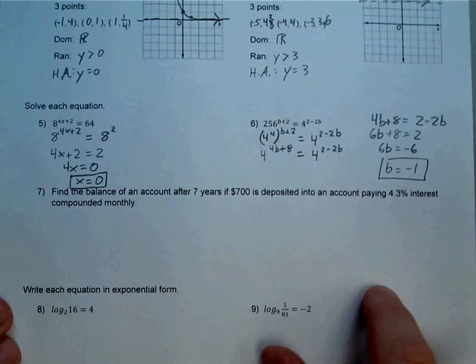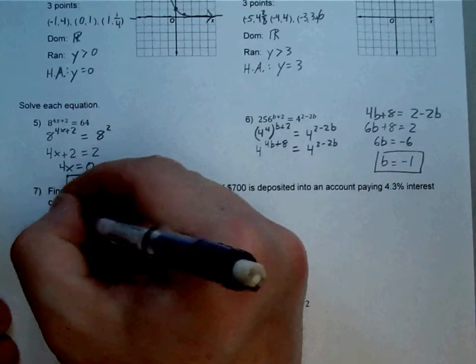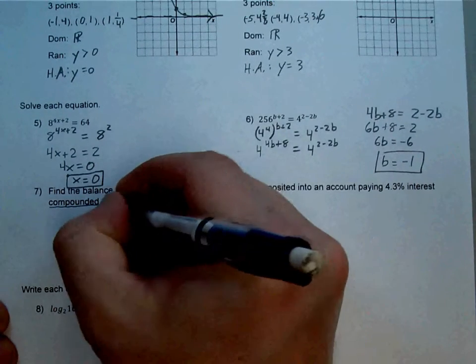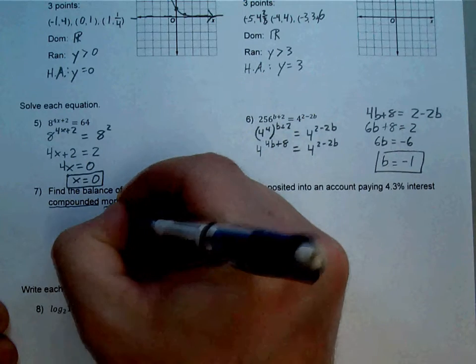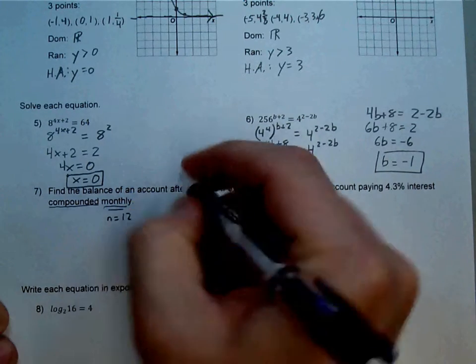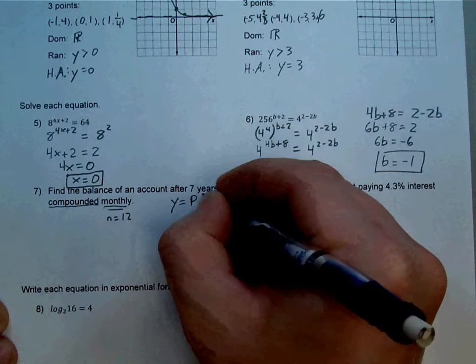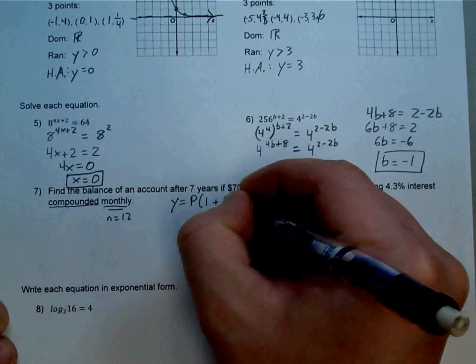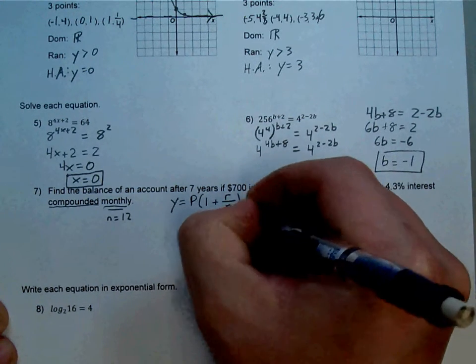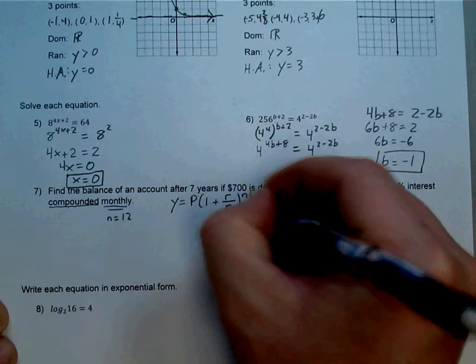Number 7, we're depositing money. It is compounded, and it's compounded monthly. There are 12 months in a year, so my n value is 12. We use our formula. The principal times 1 plus the rate divided by n, to the exponent of n times t.